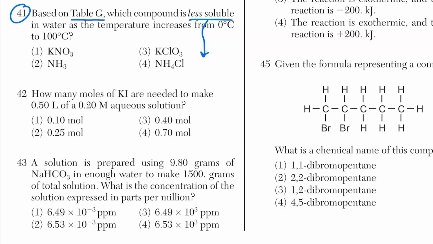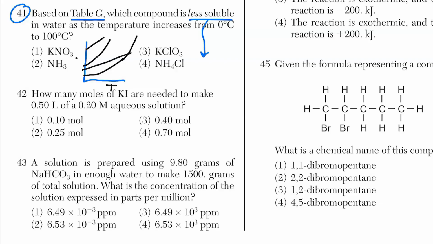Okay, so we should know that as temperature increases from 0 to 100 in Table G, and I'm going to draw it here a little bit, most of our solubility curves go up. As we're going to see, if you look, most of the solutes are solids. When you try to dissolve a solid in water, the solubility increases with temperature, right?